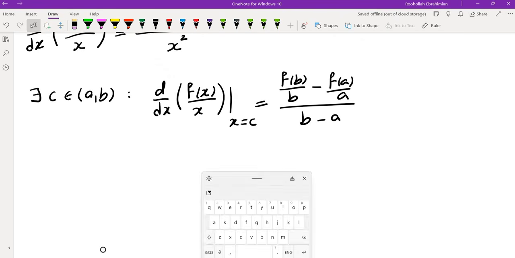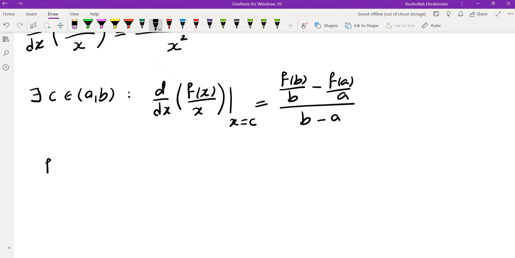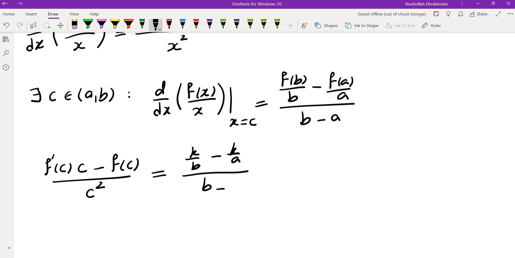On the left side, we get the derivative of this, which is f prime of c times c minus 1 times f of c, over c squared, is equal to, and on the right side, we get k over b minus k over a, over b minus a. So we're going to simplify this. We get ab at the bottom, and we get negative k on top.